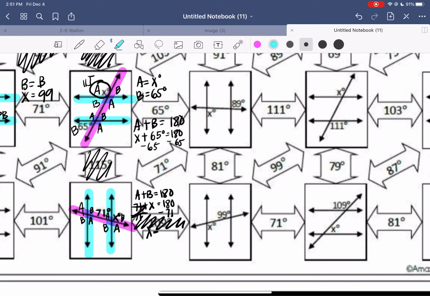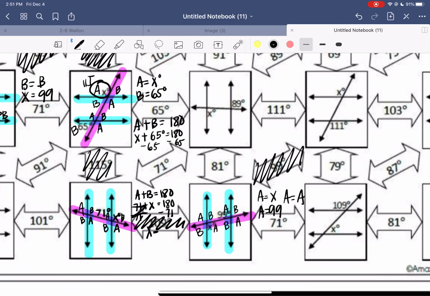Now we have two parallels cut by a transversal. So we have AB, AB, AB, AB. So your A's and B's should again be all in the same spot. So we have an A equals X and an A equals 99. So if A equals A, then we know that A equals 99.